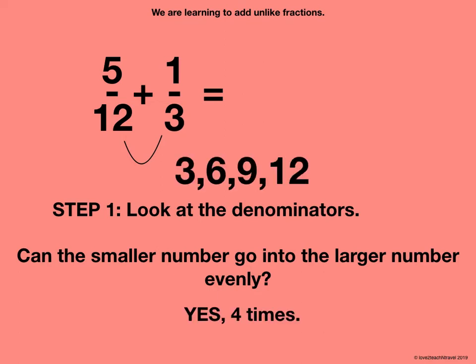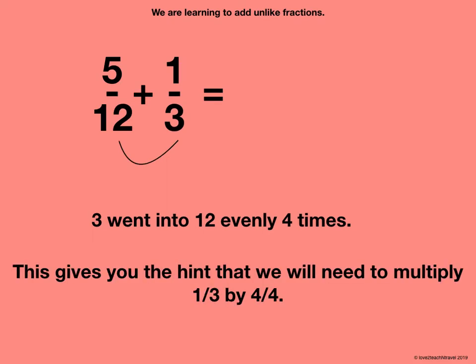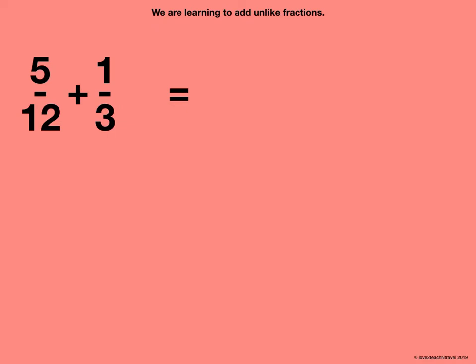Yes, it goes evenly 4 times. So because 3 went into 12 evenly 4 times, this gives you the hint that we will need to multiply 1/3 by 4/4, which is the same as 1.